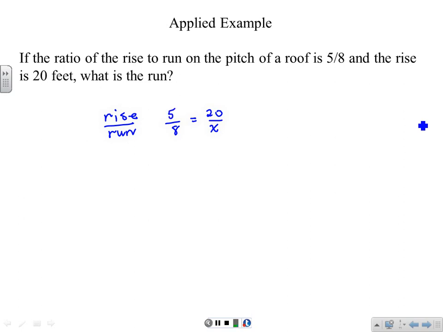And so to solve a proportion, we would cross multiply, so we would get 5x is equal to 160. And then if we divide both sides by 5, we're going to get x is equal to 32. So that means that the run would be 32 feet.